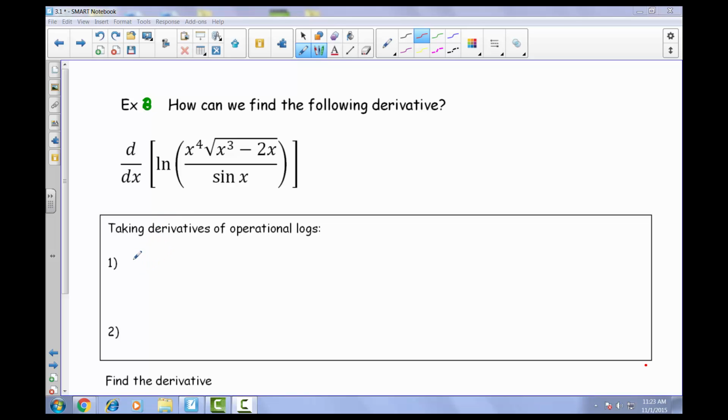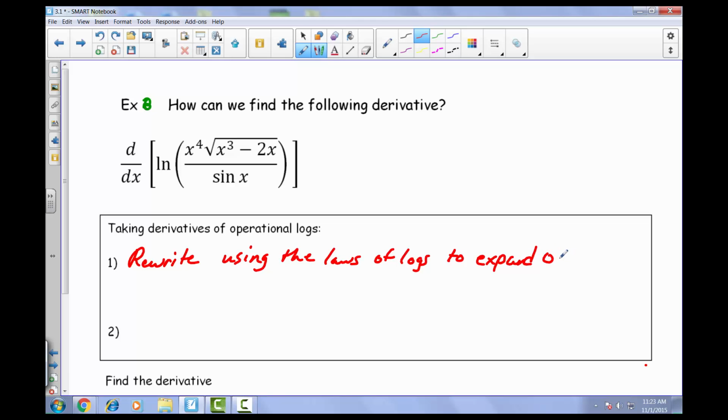So the first step is we're going to rewrite using the laws of logs to expand our logarithm, or your natural log. And you want to simplify as much as possible.